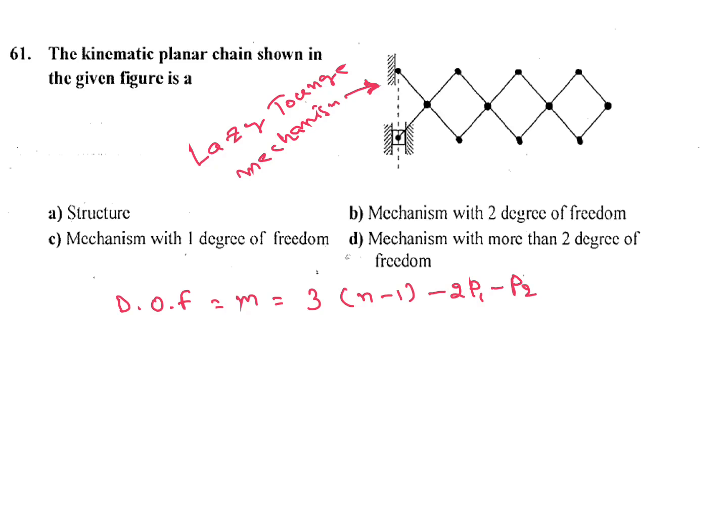So in this question we have to calculate first n. N is number of links. Here this is 1, and this piston, this is 2, then 3, this one 4, this one 3, then 5, 6, 7, 8, 9, 10. So n equal to 10. Then we have to calculate number of lower pairs.